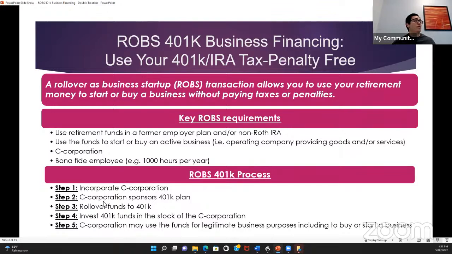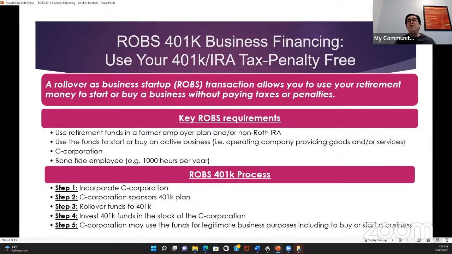So the steps are, at a high level, incorporating, so setting up a C corporation. The C corporation then sponsors a 401k plan. You would roll over the money that you have in your existing retirement account into your new employer 401k plan. So that's not a taxable transaction. It's just going from one retirement account to another. Could also come from a non-Roth IRA.